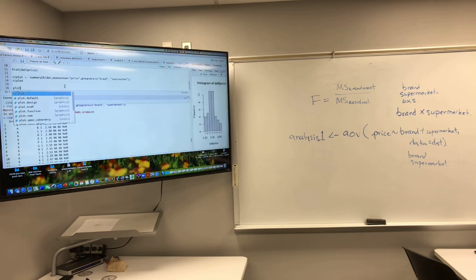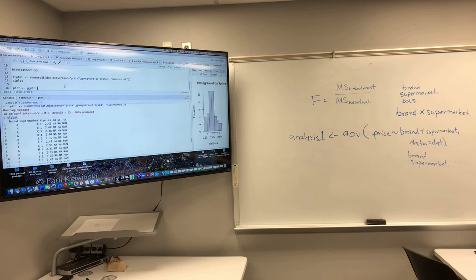let's just make a plot real quick. ggplot. We want the data to be the data from this summarySE output that we just went through.